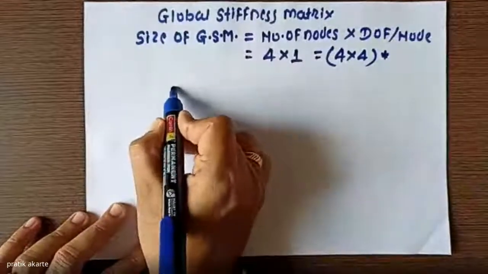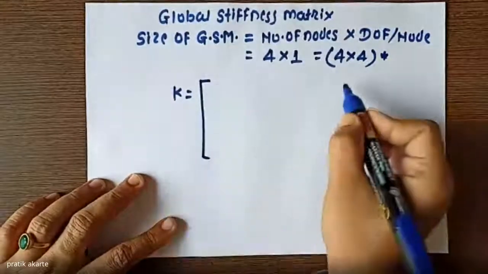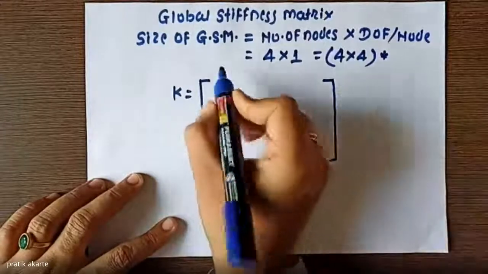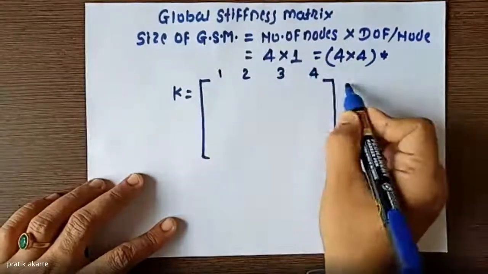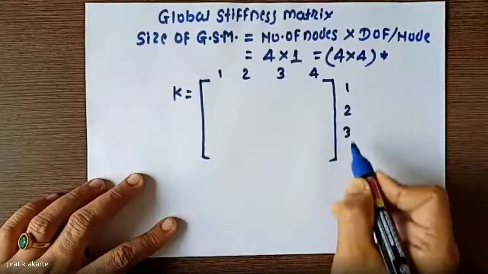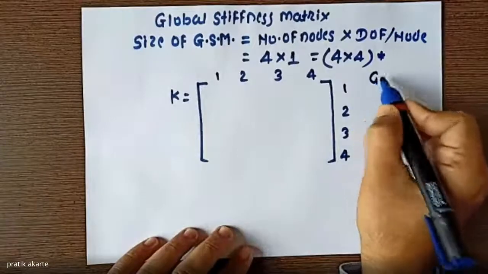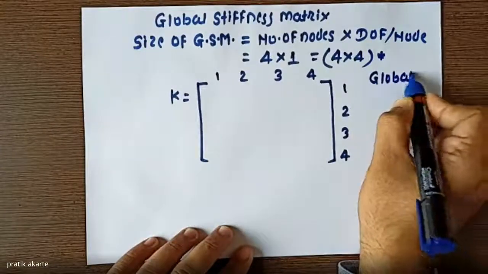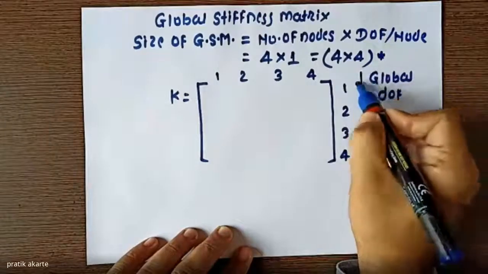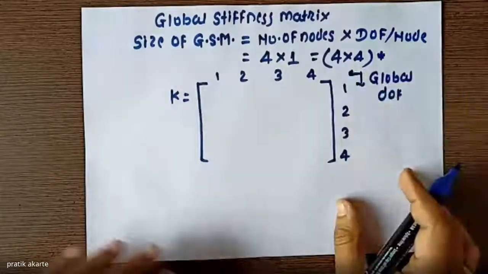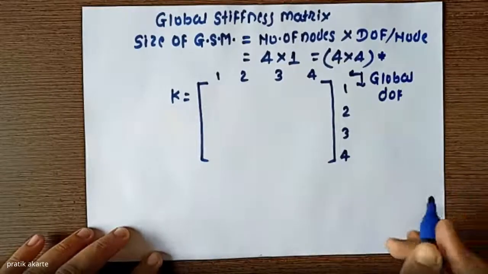Now, global stiffness matrix, I'll write it as K, and I write 1, 2, 3, 4, 1, 2, 3, 4. You can guess these are the global degrees of freedom, which will be helpful for us to write the global stiffness matrix.